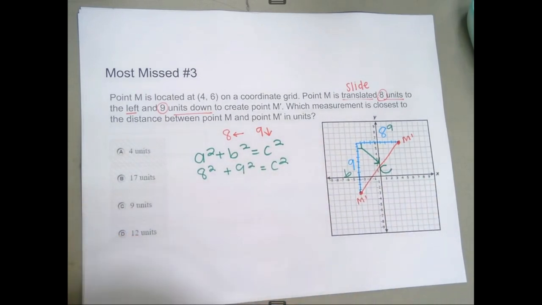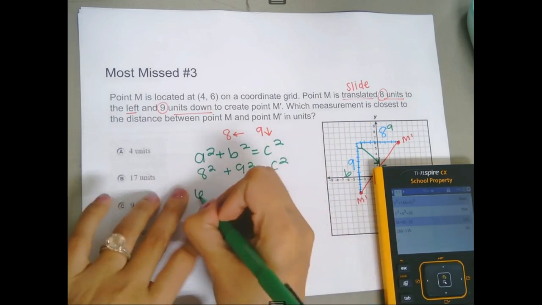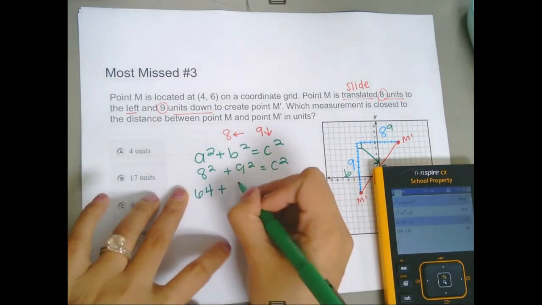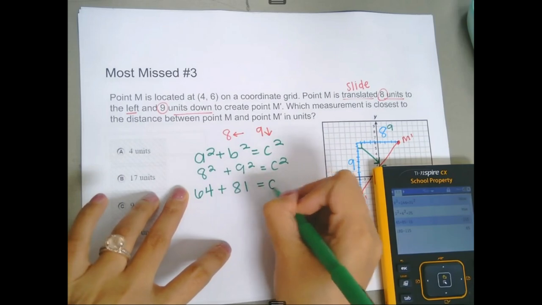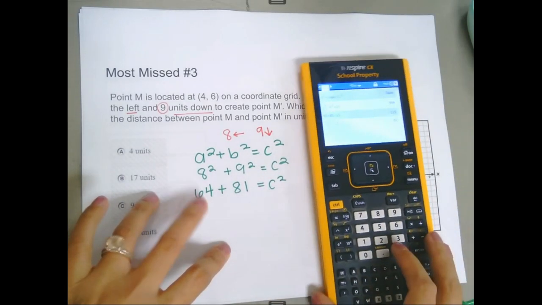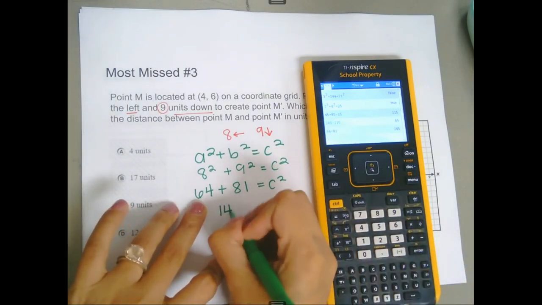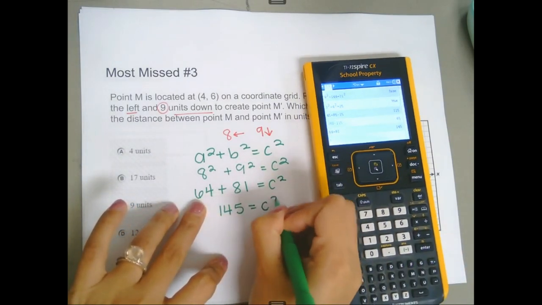So 8 squared plus 9 squared equals c squared. 8 squared, 64, plus 9 squared is 81, equals c squared. 64 plus 81 is 145, equals c squared.